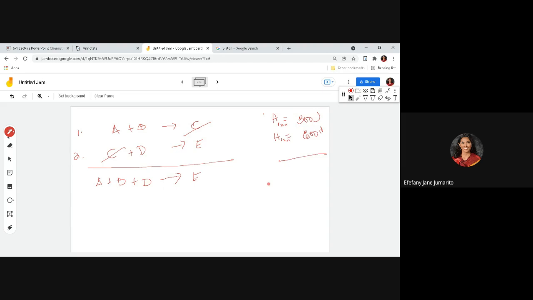So the final delta H is 900 joules. This is the total enthalpy for this reaction to proceed, the sum of your step by step reactions.